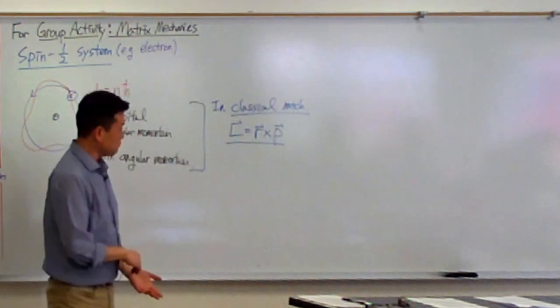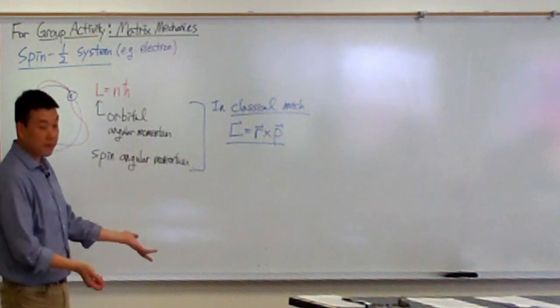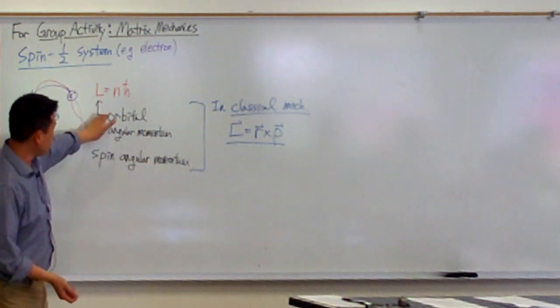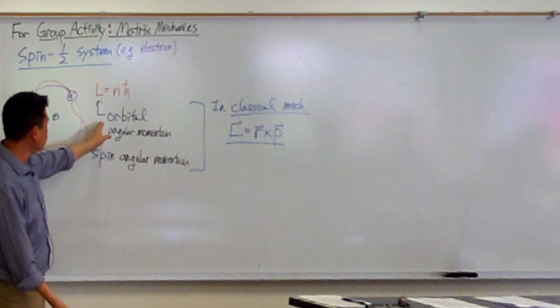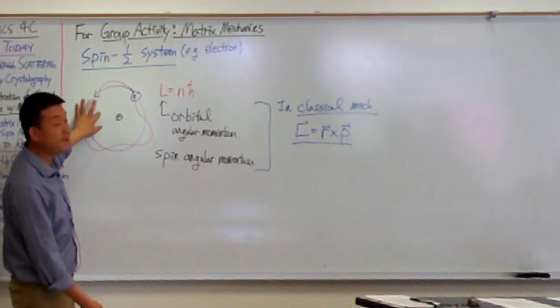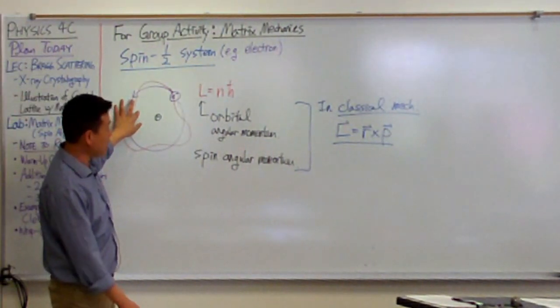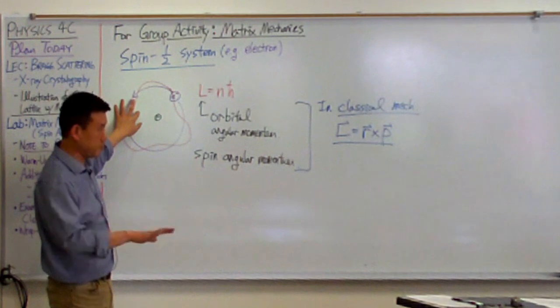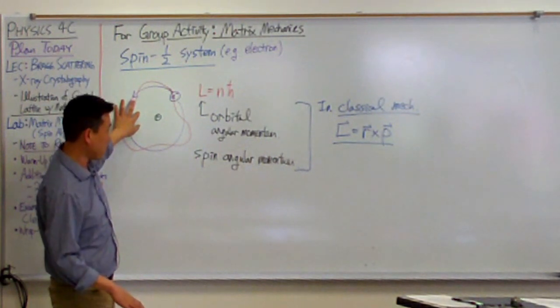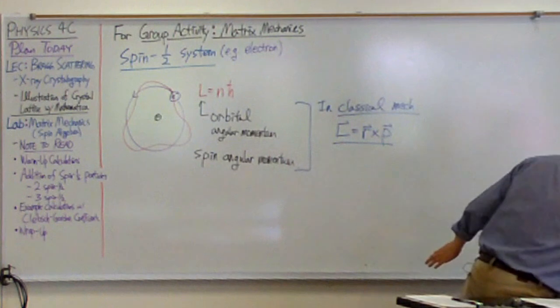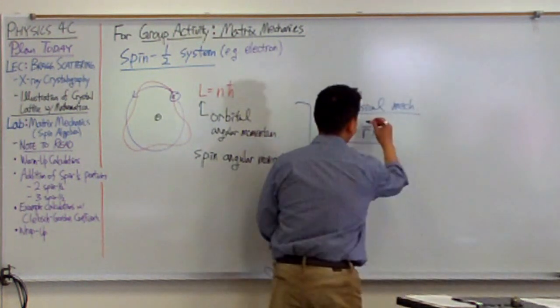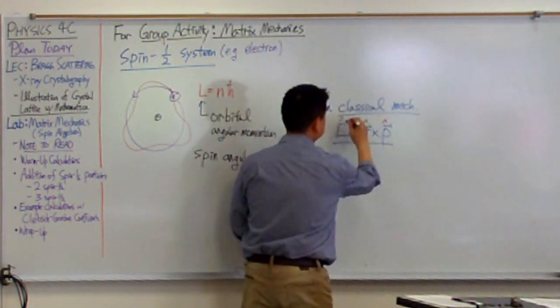So in quantum mechanics, orbital angular momentum is not all that new. That's why we could describe it sort of semi-classically. And in fact, when you do a rigorous treatment of orbital angular momentum, the way people do it is you take the classical relationships and simply turn them into operators.